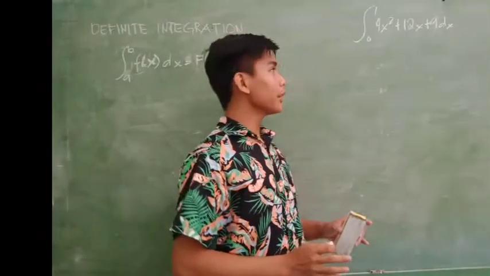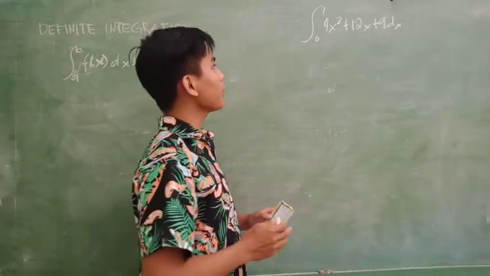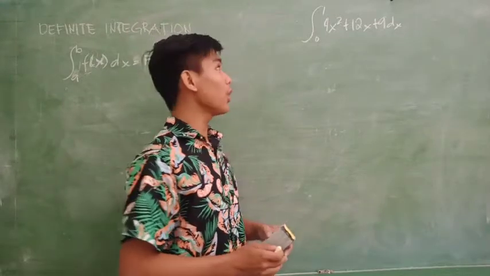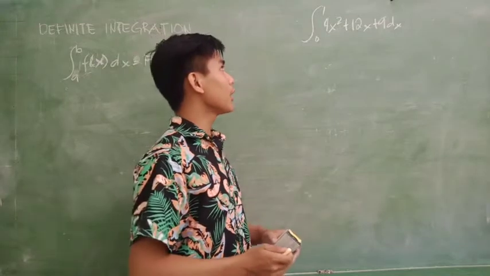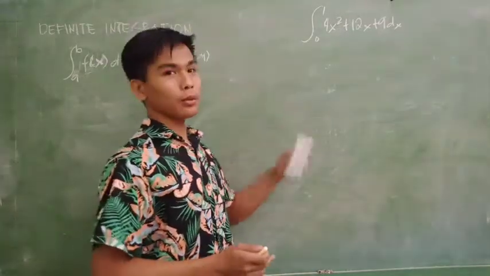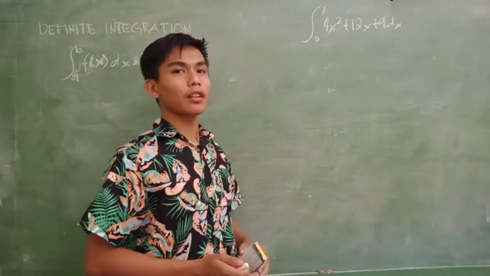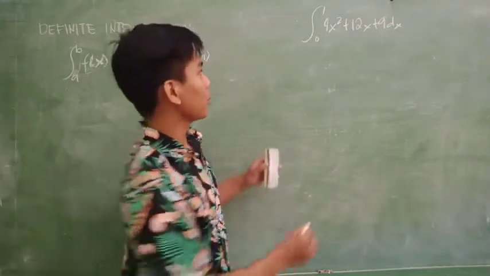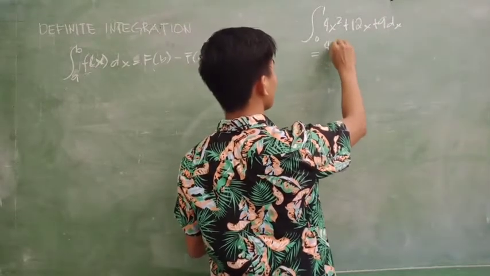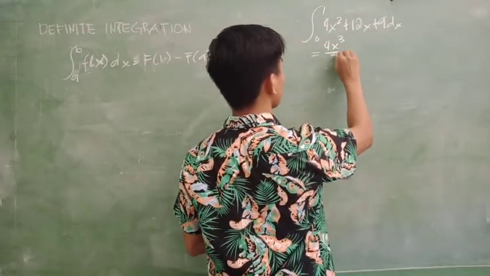So we have here the integral of 4x squared plus 12x plus 9 dx with lower limit 0 and upper limit 1. So in order to solve this, we have to apply the rules of integration. So the integral of 4x squared is 4x cubed over 3.